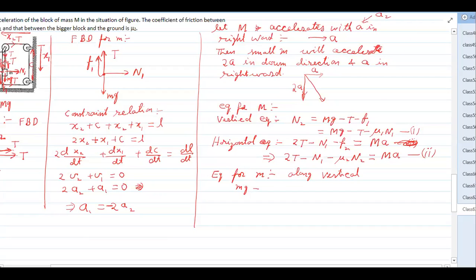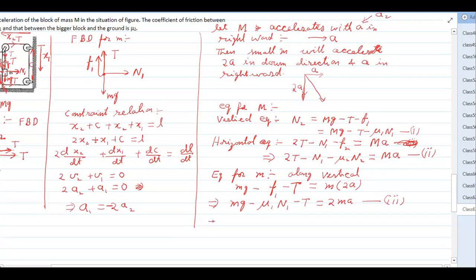Since the object is coming down, mg will be greater. So mg downward, friction and tension upward, that will be equal to m into 2a. If we solve it, mg minus friction, which is mu1 times N1, minus T equal to 2ma. That is equation 3.